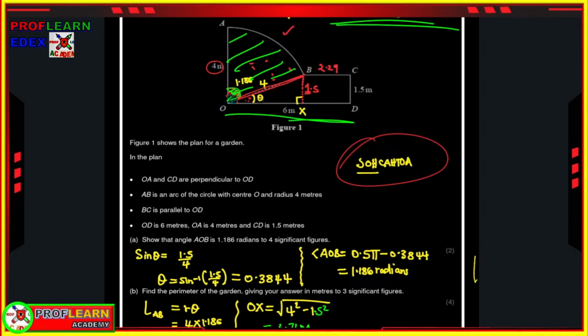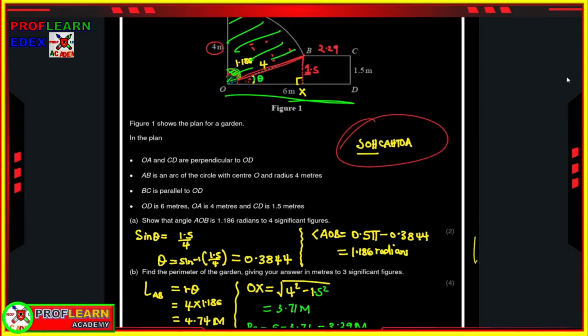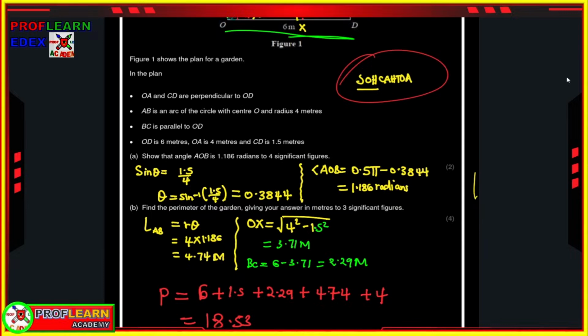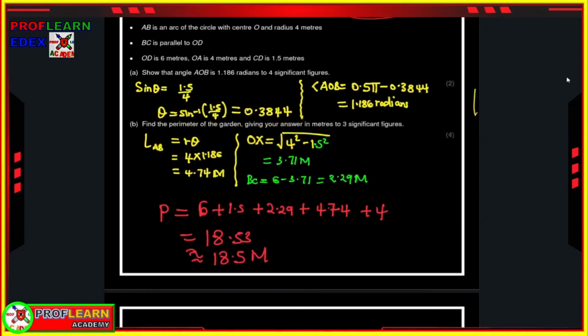So since we have gotten this angle here, we can proceed: 90, that is 0.5 pi, minus 0.3844. Then we get 1.18.